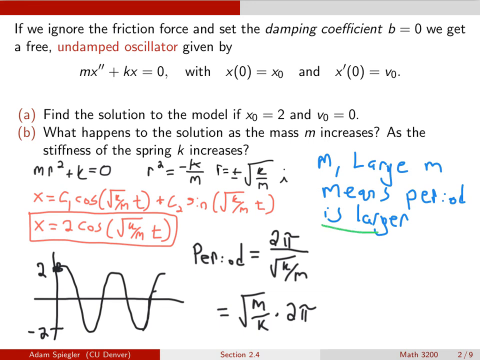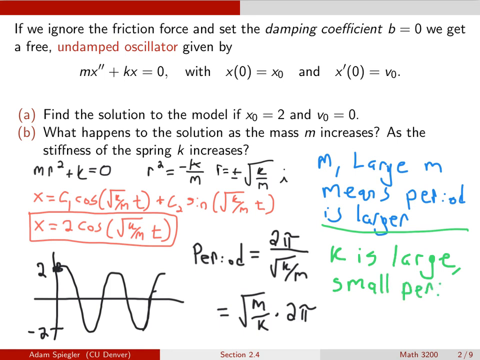And for k, we kind of have the opposite picture, and that is k is telling us something about the spring. And so if k is large, that means the spring is really stiff, then that's going to give us a really small period, right?